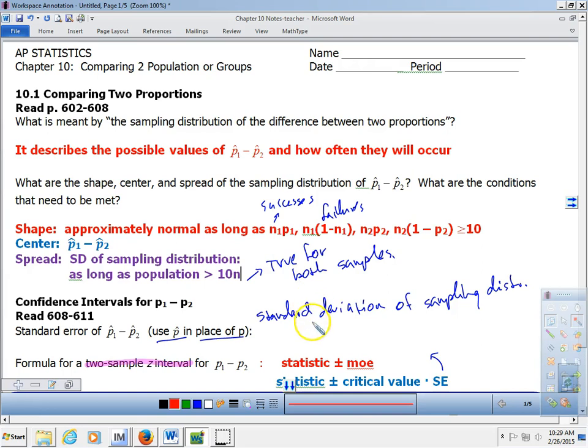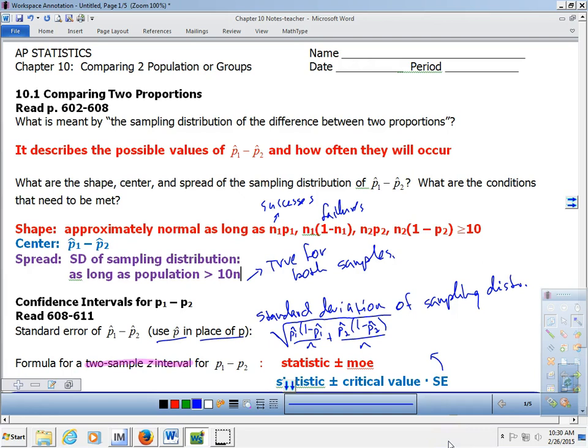Now, this is the standard deviation of the sampling distribution of the differences. Standard error then would simply be replacing p with p hat. And so that would look like the square root of p1 hat times 1 minus p1 hat all over n plus p2 hat times 1 minus p2 hat all over n.